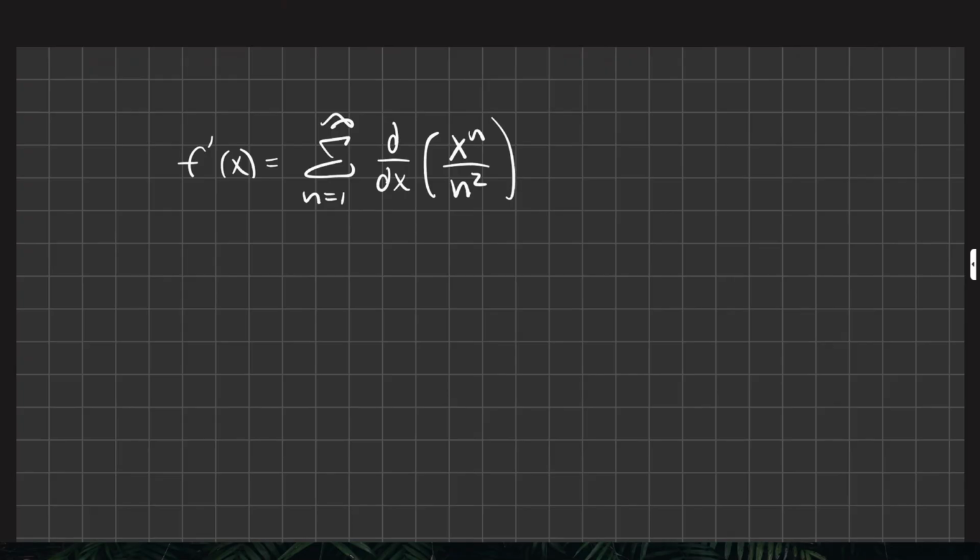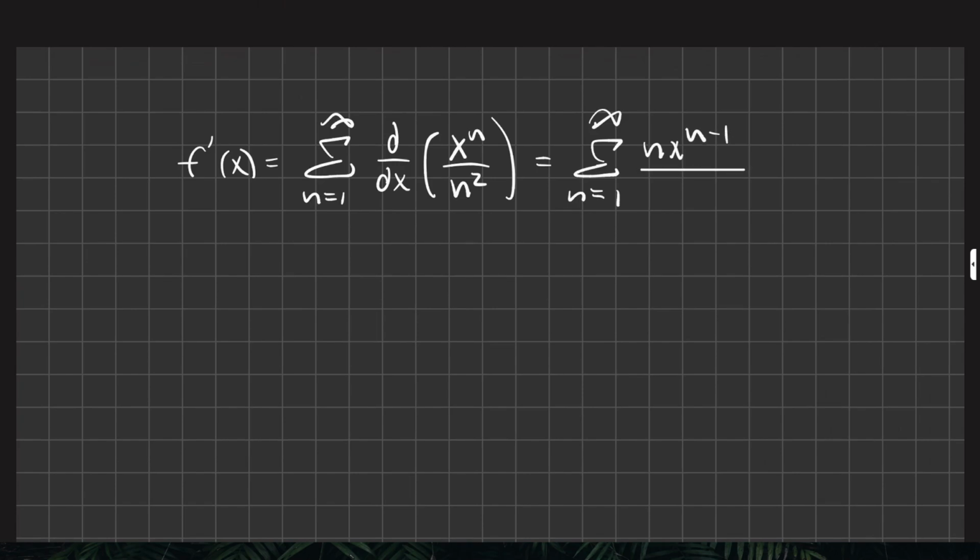Now we want to find the radius and interval for f prime, so we need to actually find out what f prime is. And to do this, we will just differentiate our series term by term. So this will become the sum from n equals 1 to infinity d dx of x to the n over n squared, which is just the sum from n equals 1 to infinity of n times x to the n minus 1.